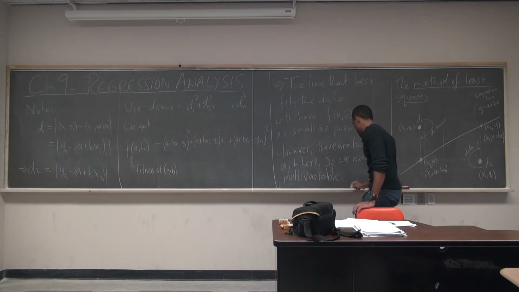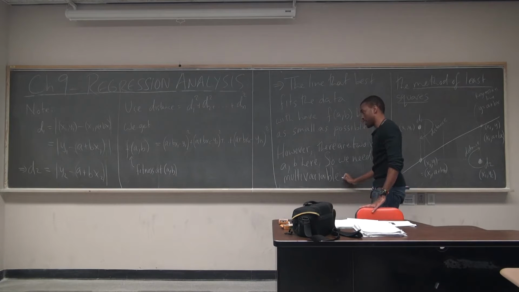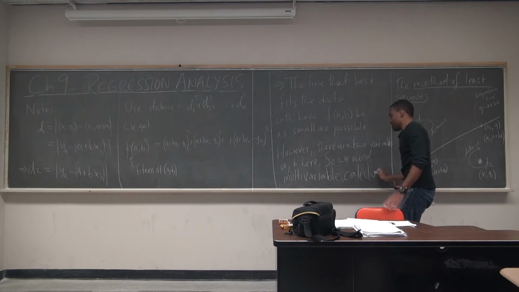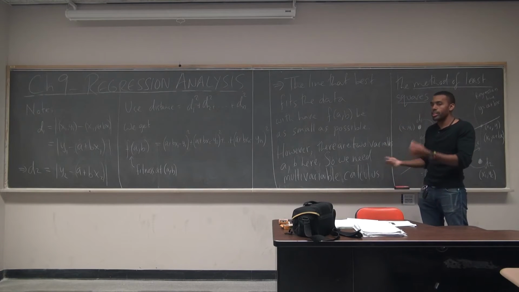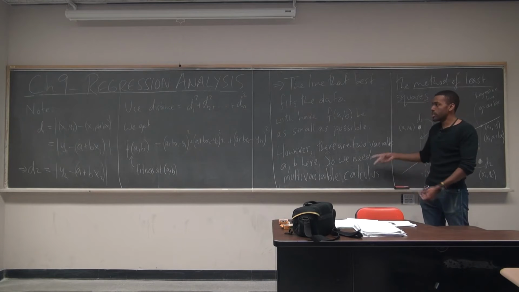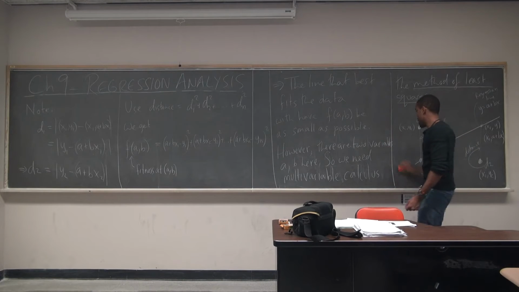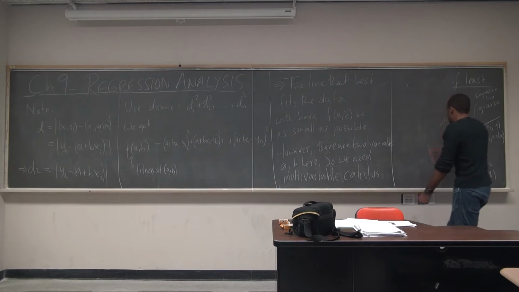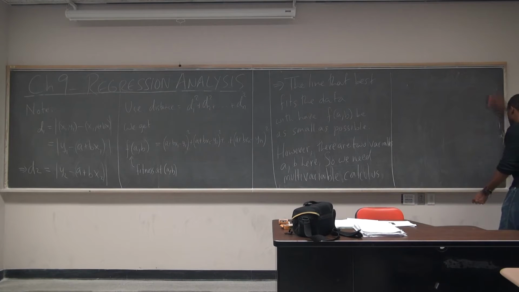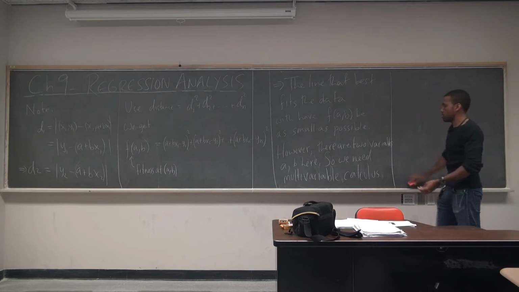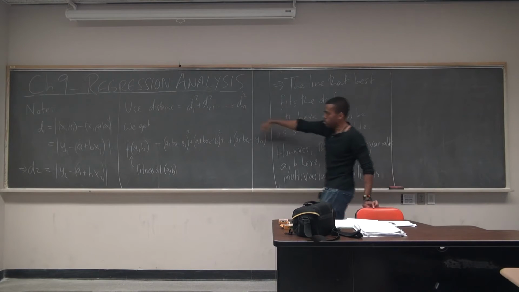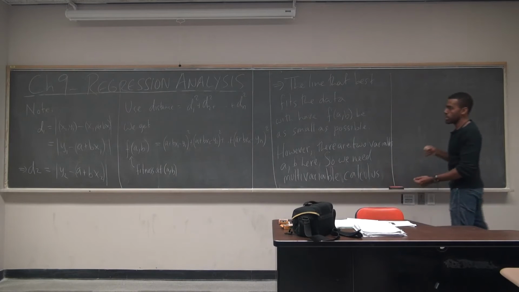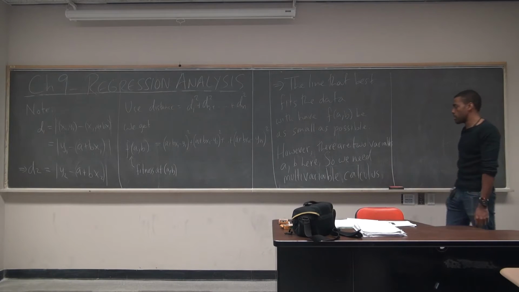You guys haven't done it, so you're just going to have to take my word for it that this will all work out, what I'm about to write down. The idea is, like Calc 1, you find the critical points by differentiating, and then you find the maximum or minimum. However, there are two variables to worry about at the same time. That actually makes things a bit sketchy. It's something that you do in Calc 3, but assume that this magic happens right here. I find the minimum of this function: what points a, b will make that function as small as possible.